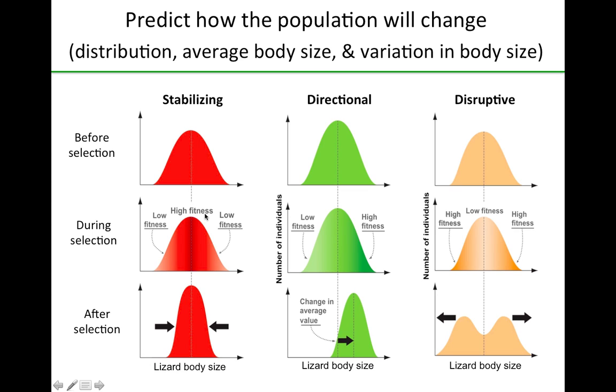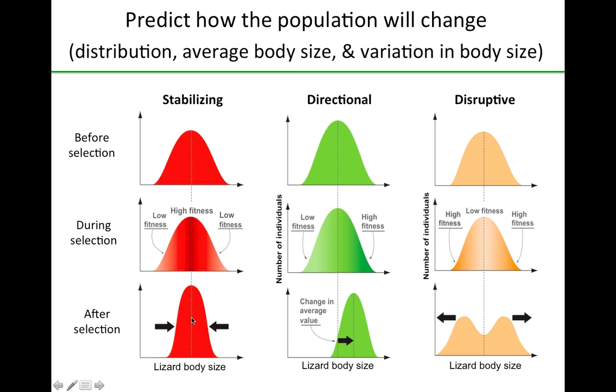So that's what's being shown here. So if that happens, we expect these guys in the middle to be more successful in reproducing, so they're going to be having more offspring. So in the next generation, we would expect more individuals with intermediate body sizes, fewer individuals out here at the extremes. Okay, so this is what we call stabilizing selection.